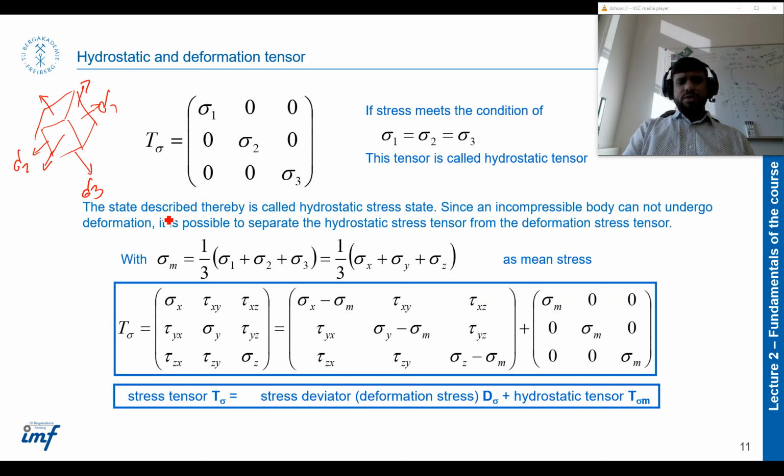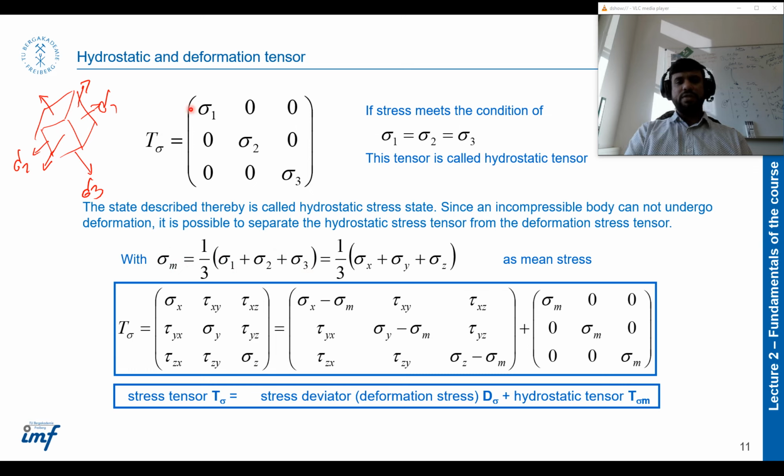So the state described thereby is called the hydrostatic stress state. Since an incompressible body cannot undergo deformation, it is possible to separate the hydrostatic stress tensor from the deformation stress tensor. So we call the mean stress the average of all these stresses.